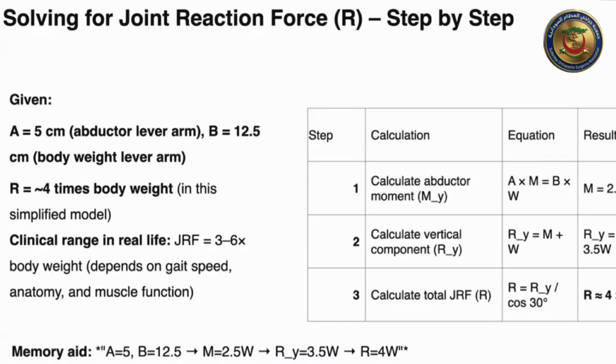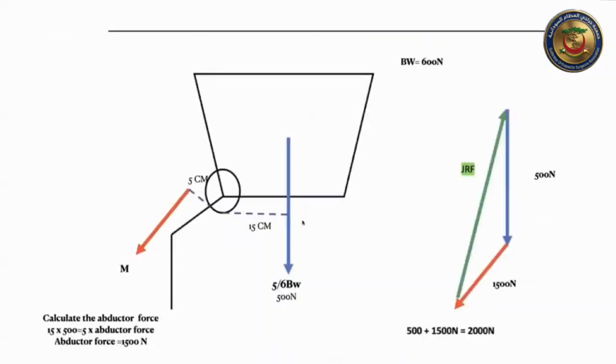To calculate the joint reaction force, we divide the vertical component by cosine of 30, which equals almost 4 times body weight. I know this kind of calculation is a little bit complicated, so let us calculate the joint reaction force by vectors in a simpler way.